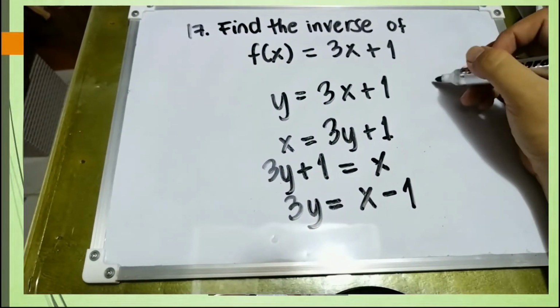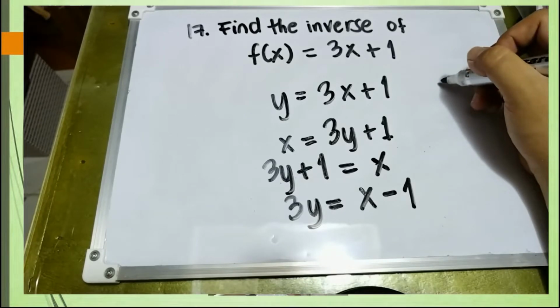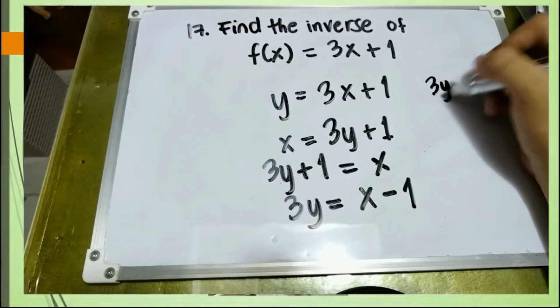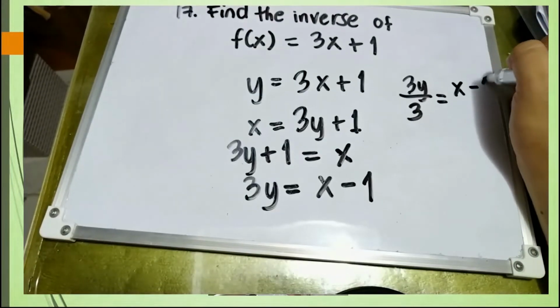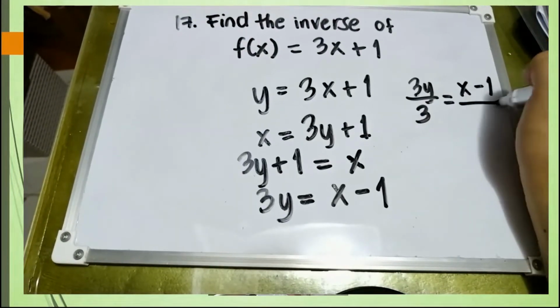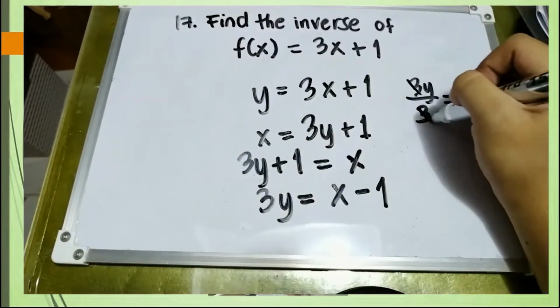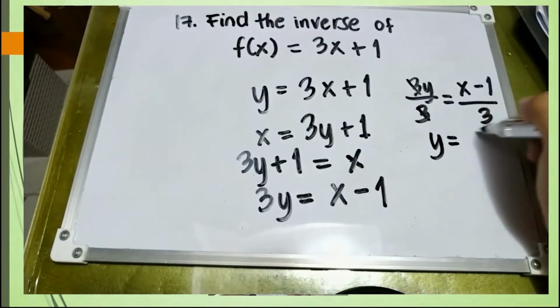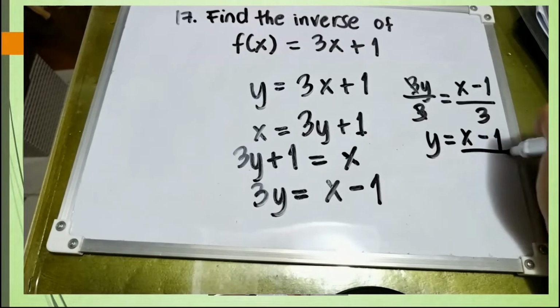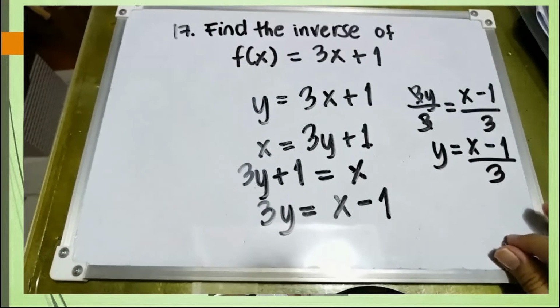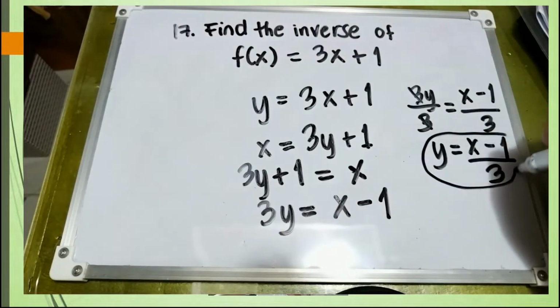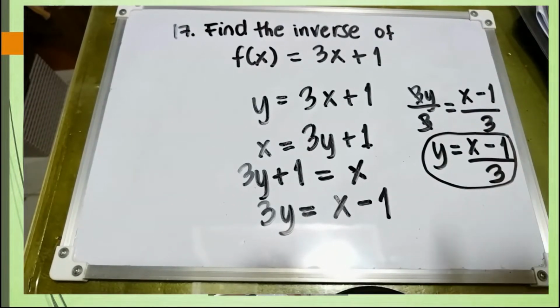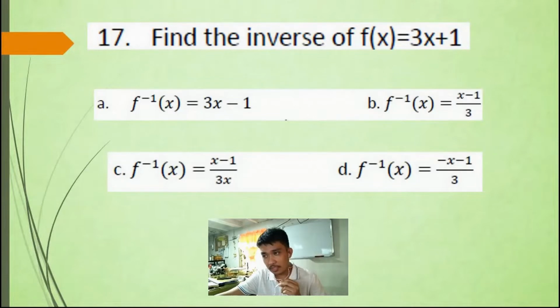Then, we will divide both sides by 3. So cancel. So y is equal to x minus 1 over 3. So that is the answer. Now the answer is letter B.